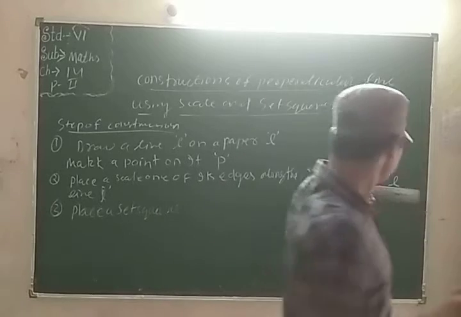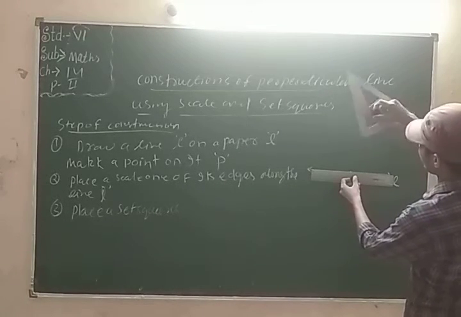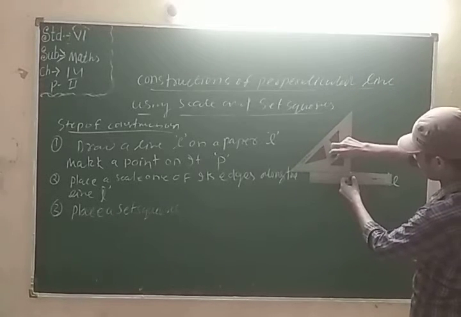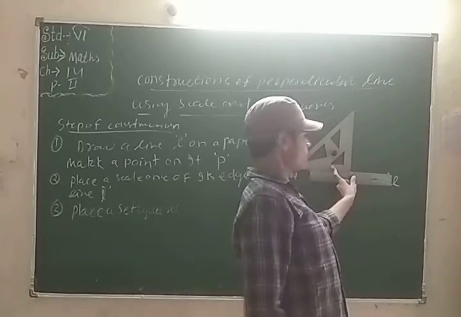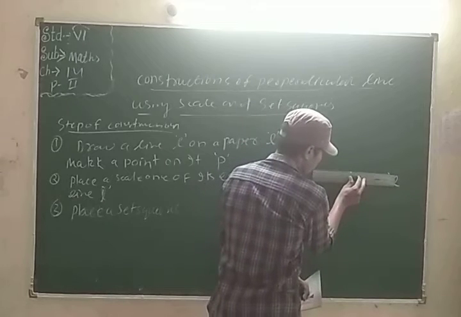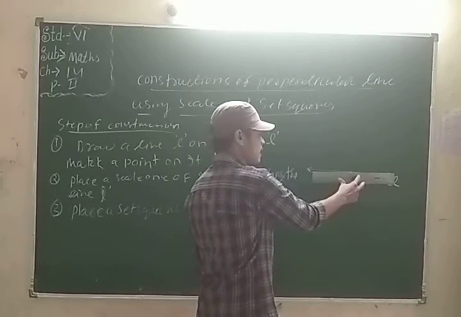See here. We can hold the scale like this and place a set square where the 90 degrees is, like this, at the point P. See, here we hold it tightly like this. See the bolts there. Now the first work is to place a scale tightly on the edge of the line.